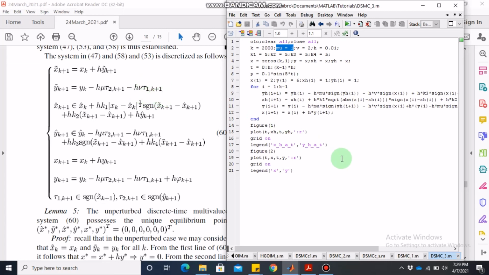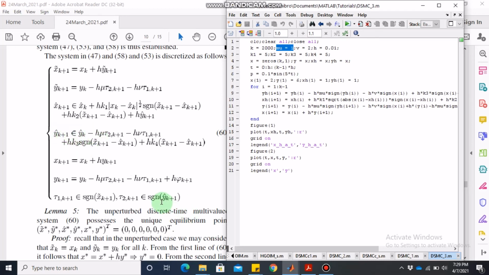So here what I have done is that y hat k plus 1 is y hat k minus h times mu tau 2. So tau 2 is defined to be the sign of y hat, which is basically what we are doing.